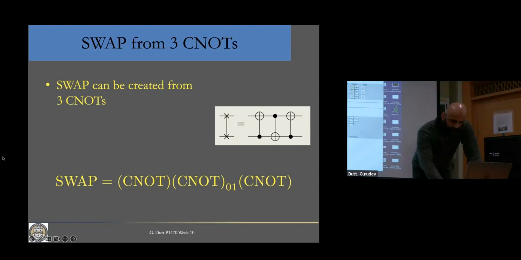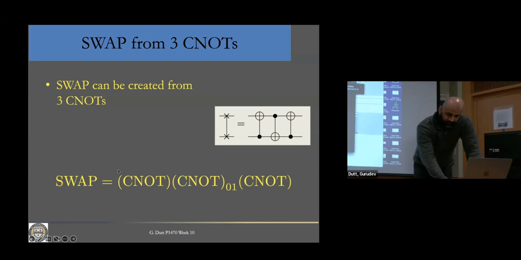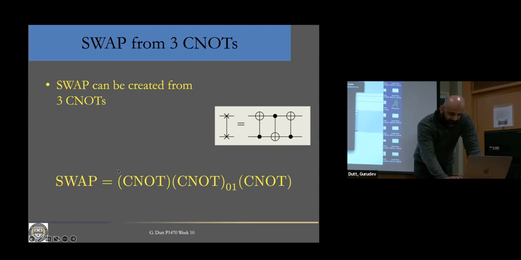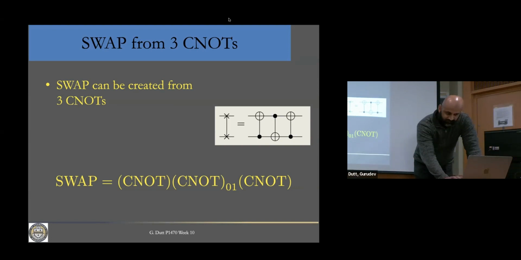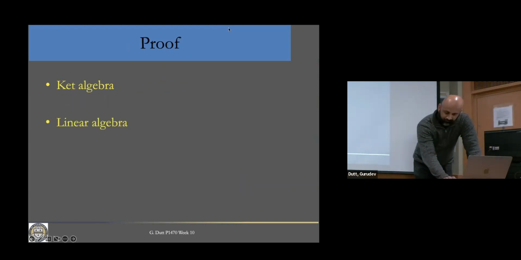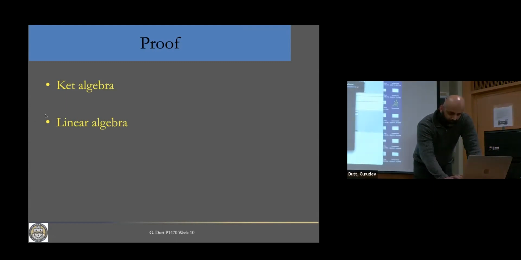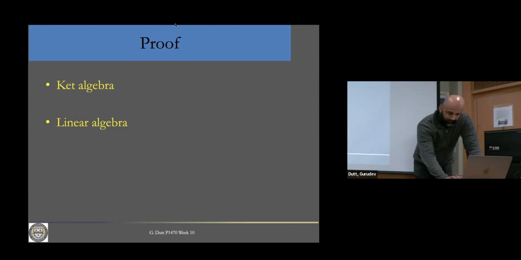Can people in Zoom see this? I don't know. Oh, it's gone again. What the heck is going on? Zoom is missing, once again. Hey, it says it's going. This is so weird.